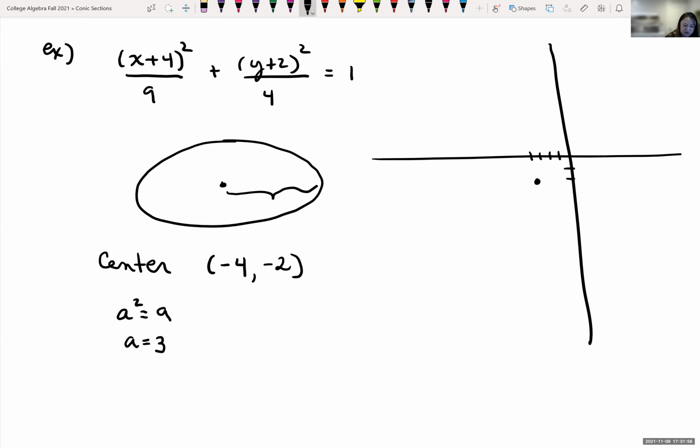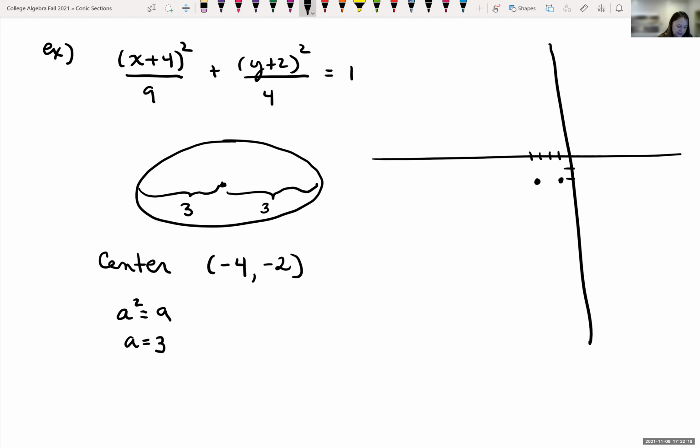I need to go to the right 3 units, and I need to go to the left 3 units from my center. By knowing where my center is, which is at -4, -2, if I go to the right 3, that is going to give me a point at -1, -2.